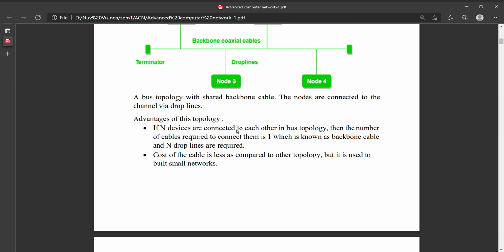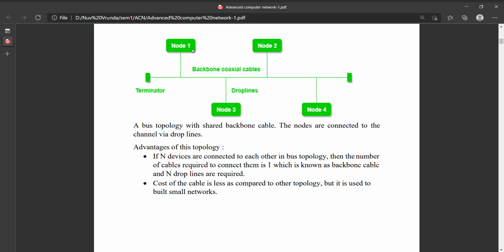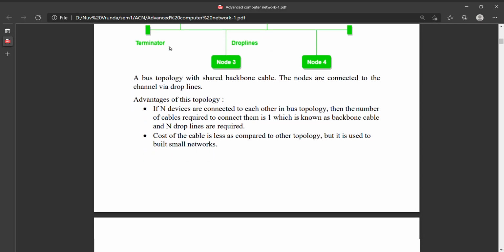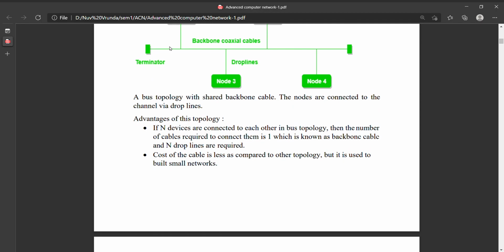Bus topology has a shared backbone cable. The main central cable, the horizontal central cable, is the backbone cable, and the nodes are connected to the channel via drop lines. Nodes means systems and devices connected to each other in a bus topology.